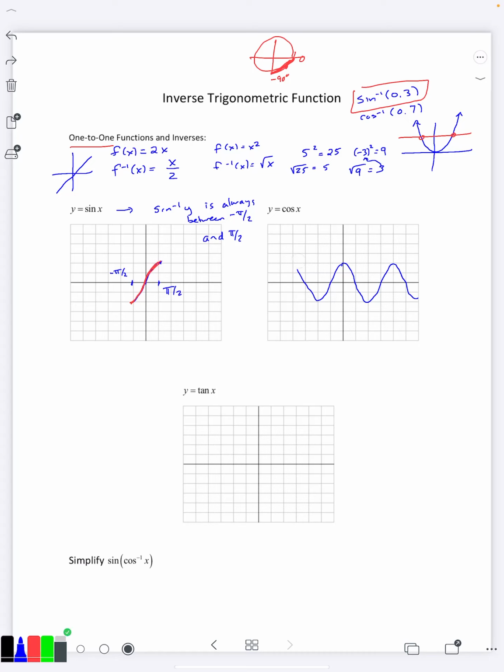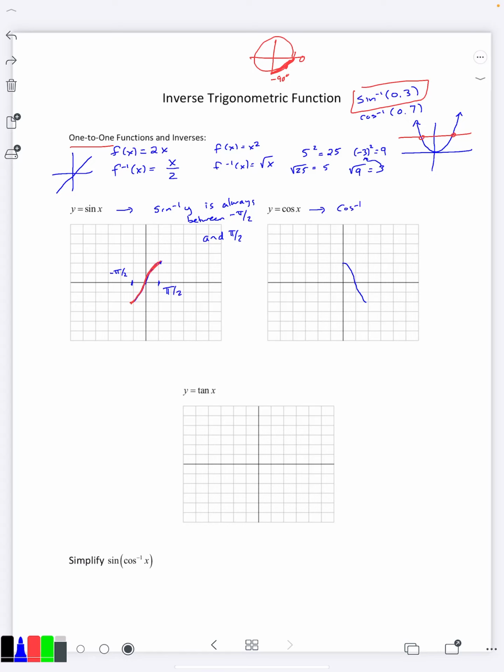But if I try to erase down to, say, negative pi over 2 to pi over 2, if I continue that there, you see, even at the beginning here, I'm failing the horizontal line test right around 0. So we're not going to do that. We're going to start at 0, and we're going to go all the way over to pi. So this is the piece that we can use for cosine.